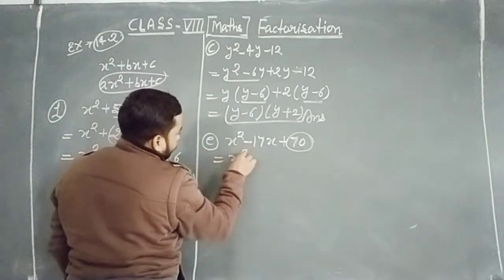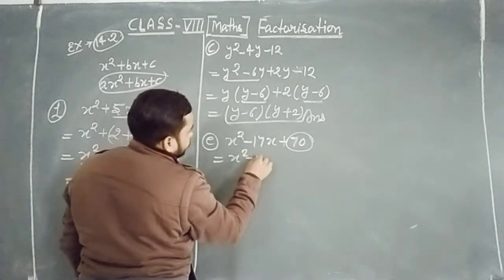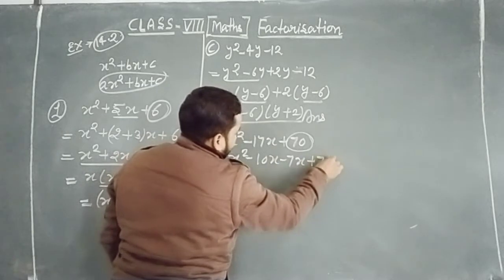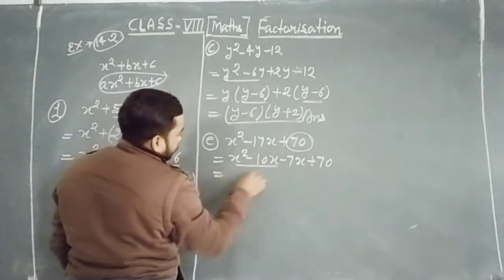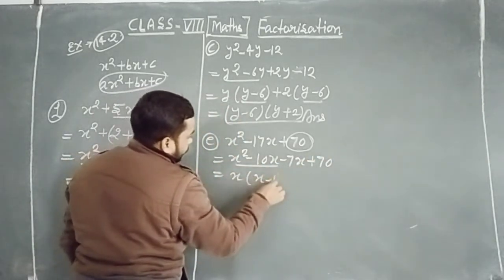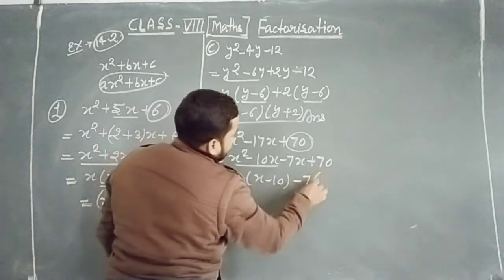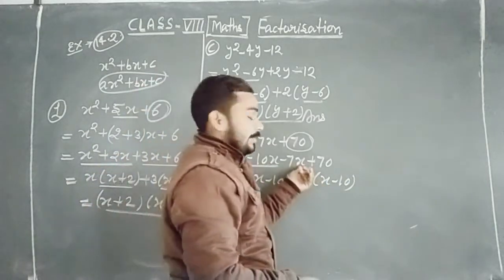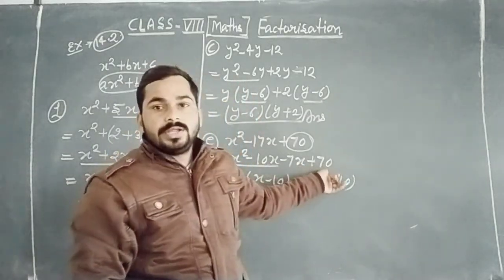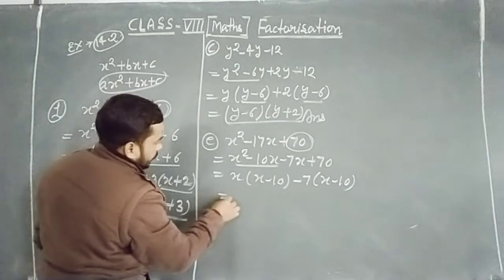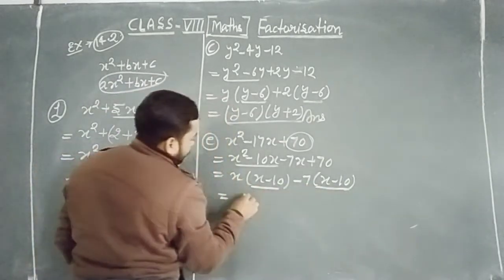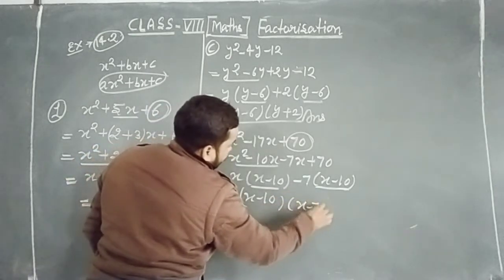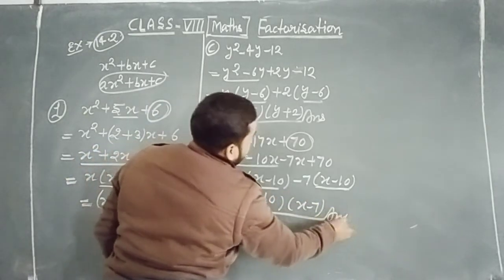So x square minus 10x minus 7x plus 70. Then x is common in the first two terms, x minus 10, and minus 7 is common, so x minus 10. So x minus 10 is common and x minus 7. This is your answer.